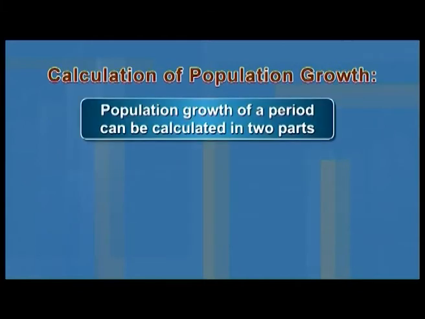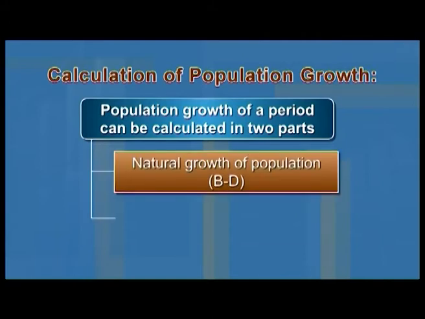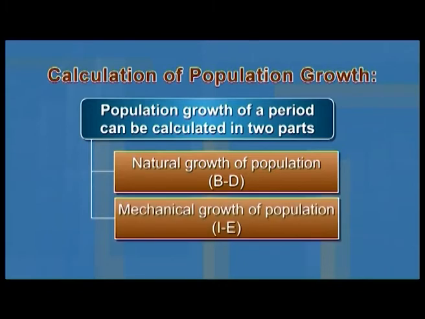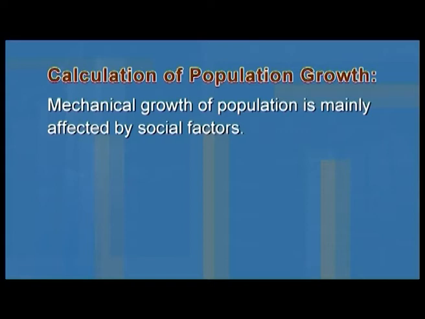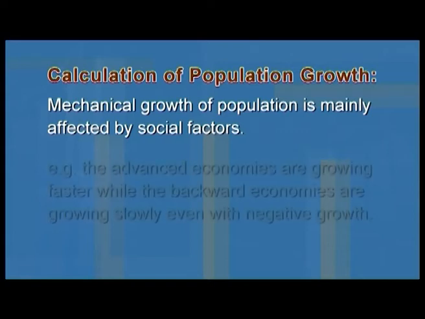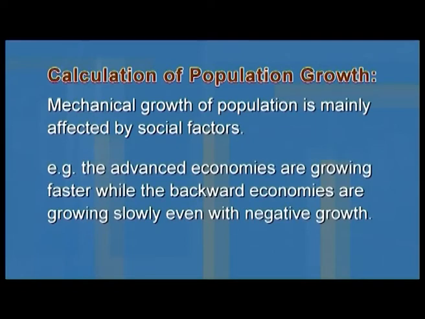In other words, the population growth of a period can be calculated in two parts: natural growth of population and mechanical growth of population, in which mechanical growth of population is mainly affected by social factors. For example, the advanced economies are growing faster while the backward economies are growing slowly, even with negative growth.